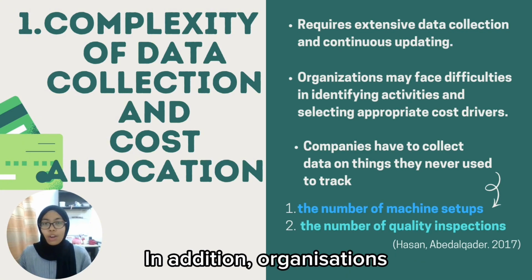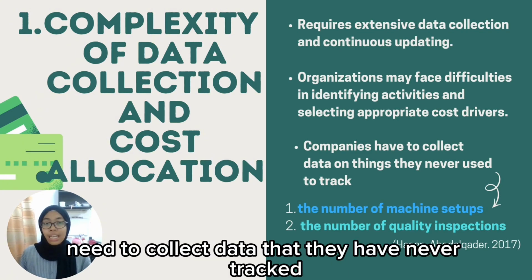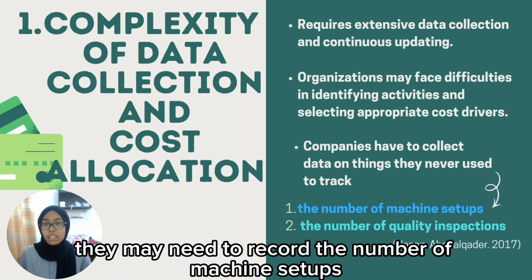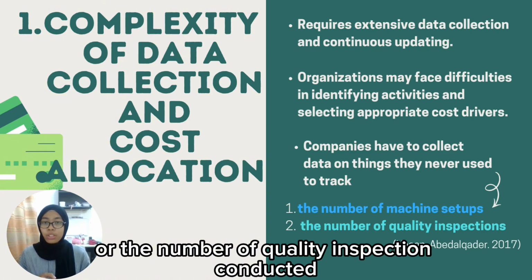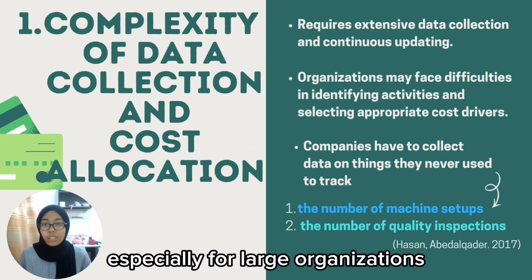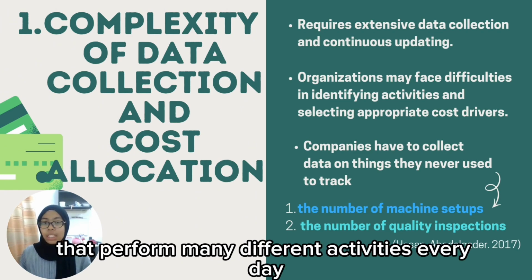In addition, organizations often need to collect data that they have never tracked before. For example, they may need to record the number of machine setups or the number of quality inspections conducted. As a result, the process can become time-consuming and complex, especially for large organizations that perform many different activities every day.